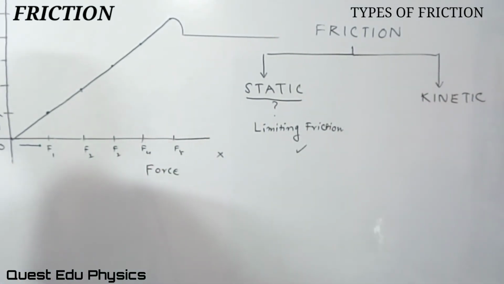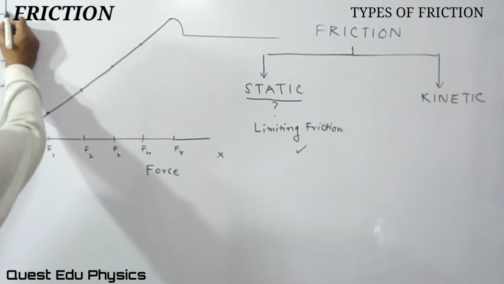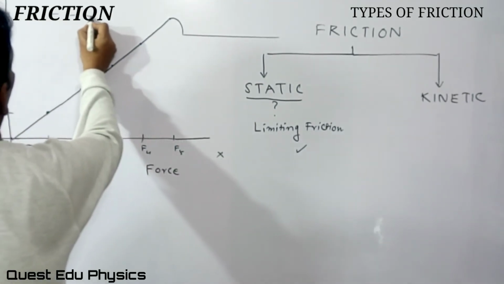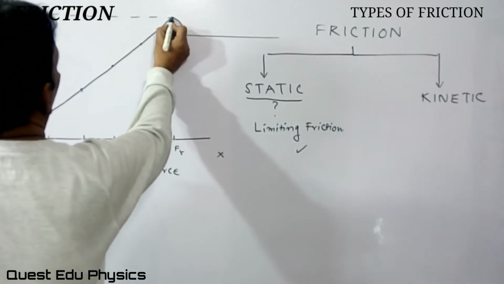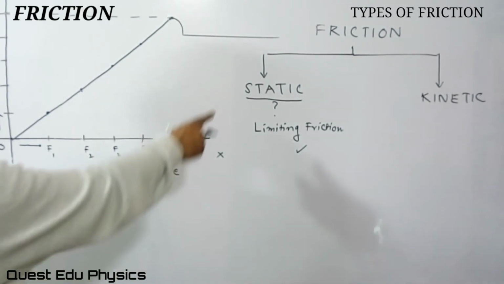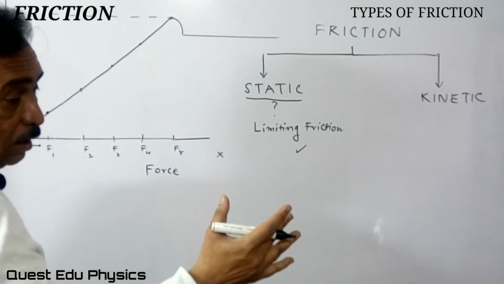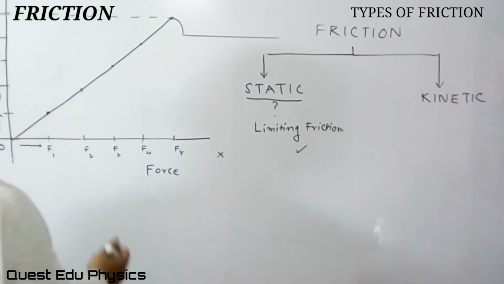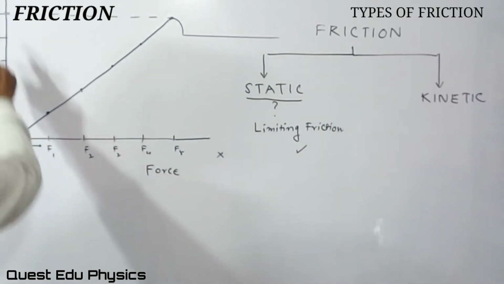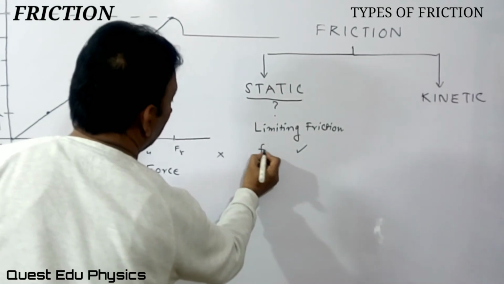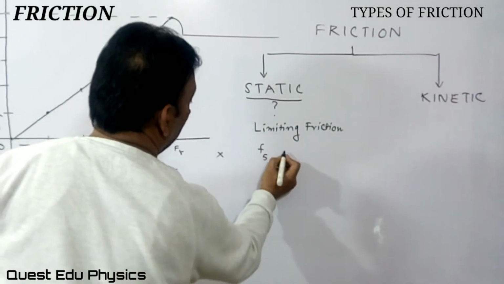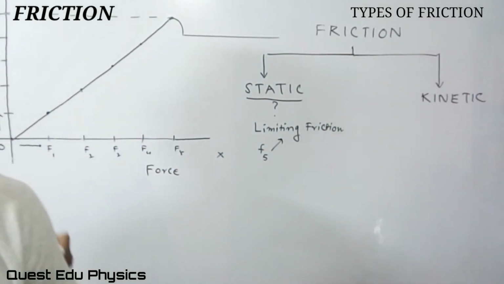Here, if you locate the points, it's the point where the body lost the capacity of opposing, and we call this Fl the limiting friction. In that graph, Fl is the limiting friction.